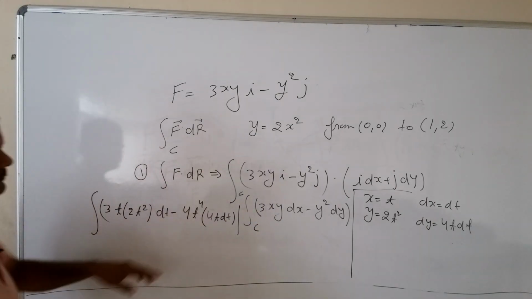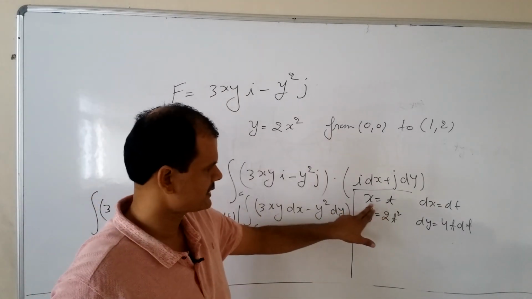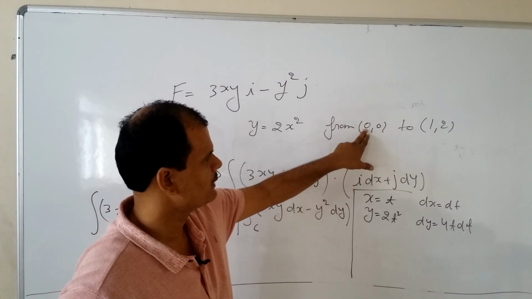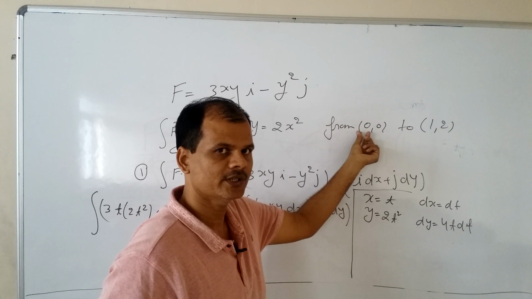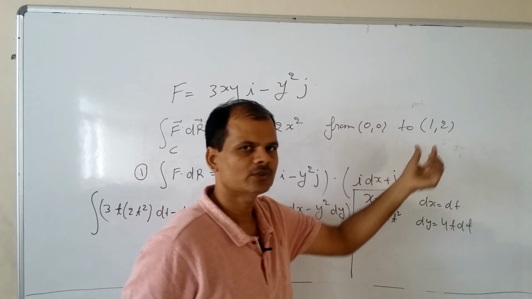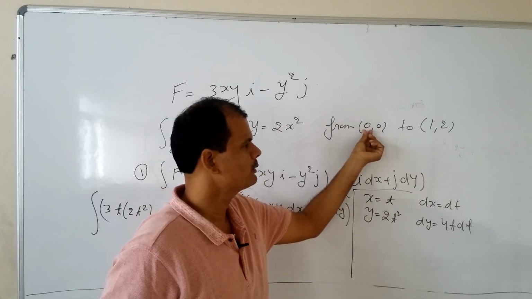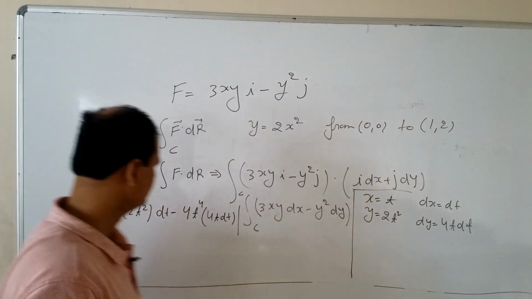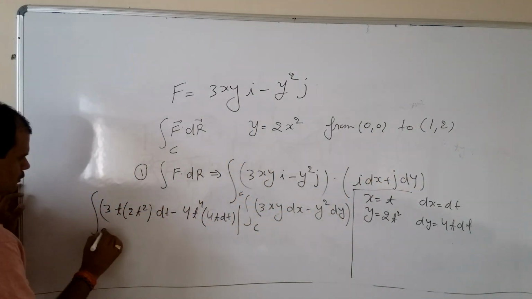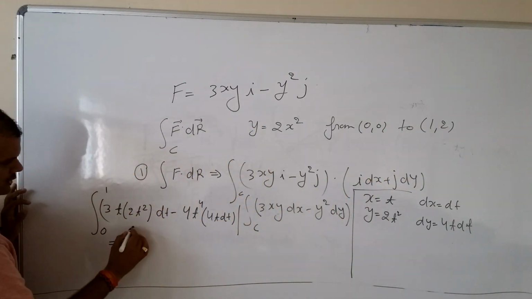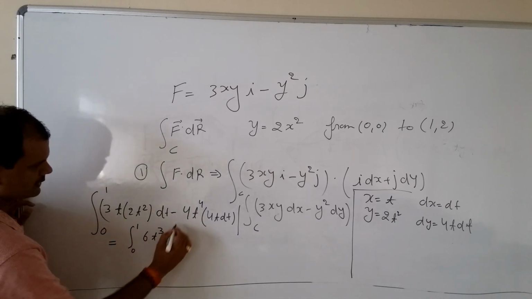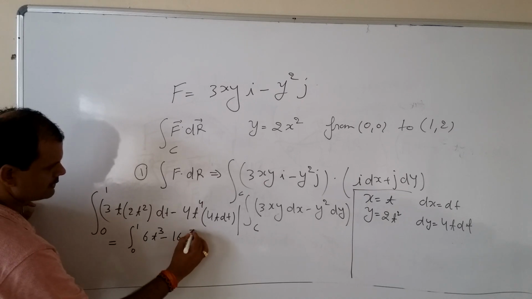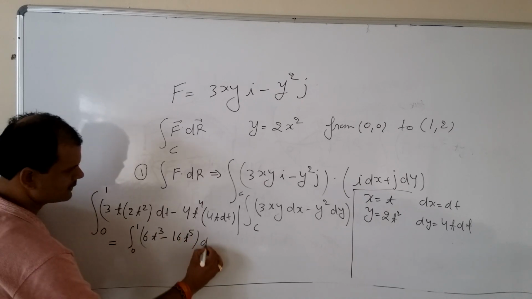And what is the t limit? Here t equal to x, and x is varying from 0 to 1. Your x coordinate is 0 here and 1 here. So t equal to x, so the t limit will also be from 0 to 1. So this will be the integral from 0 to 1 of 6t cube minus 16t power 5 dt.